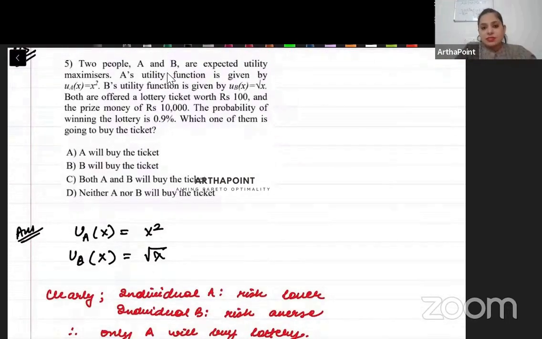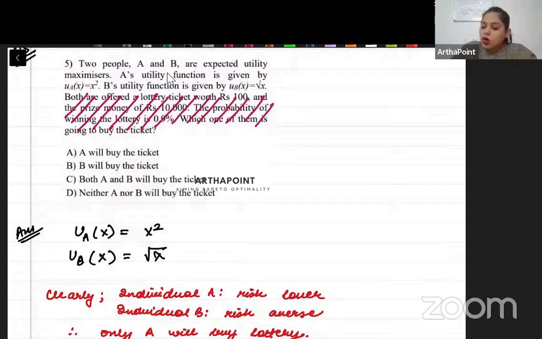Two people A and B are expected utility maximizers. Actually, even if I wasn't given all of this information, I would have still done this question. Why? Because I am given these two utility functions.